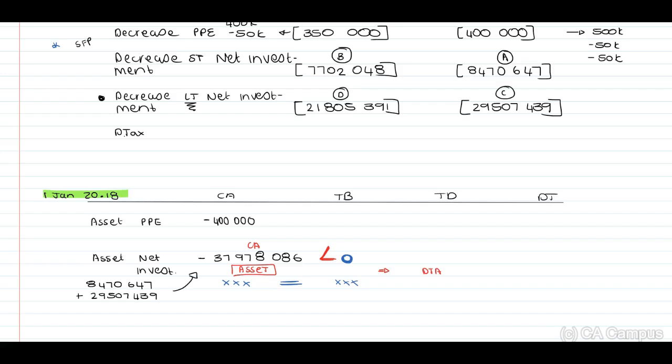Okay? Therefore, you will identify the totals. I've included calculation A, the 8.4 million, and I've included calculation C, the 29.5 million. Look at the left side of your screen. And this is a total of 37,978,086.